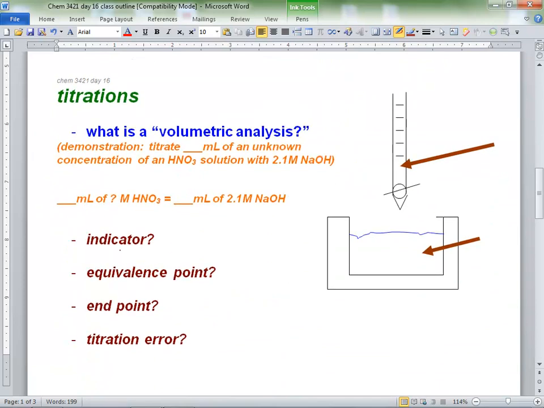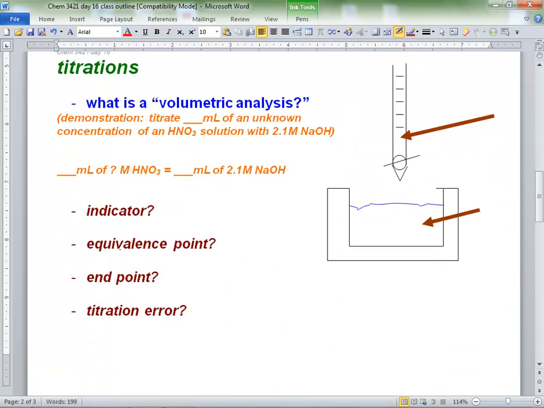So with titrations, a volumetric analysis is what this is. I've got it here. I want to titrate an unknown concentration of nitric acid.